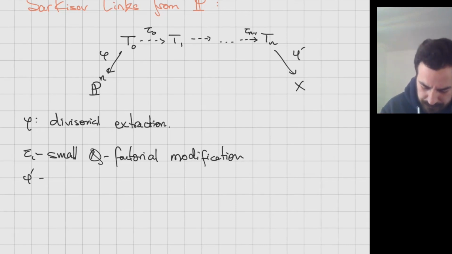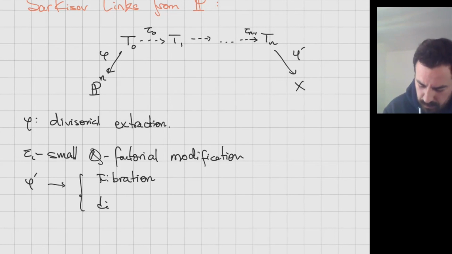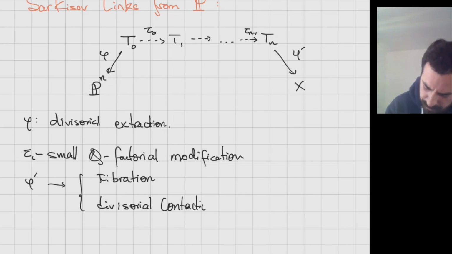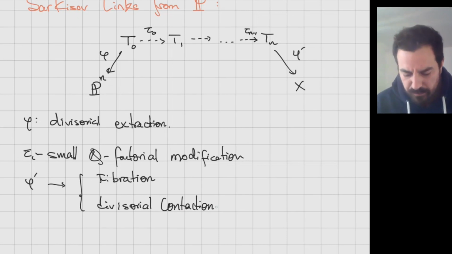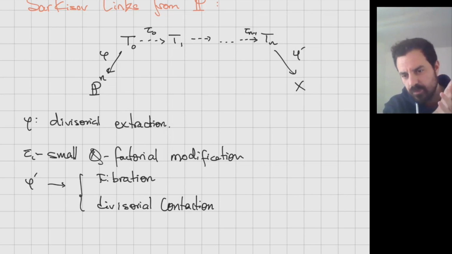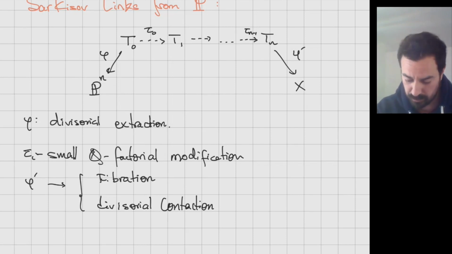And phi prime can be either a fibration, in the sense that phi prime is a Mori fiber space, or a divisorial contraction. Okay. So this is what a Sarkisov link from P4, from Pn in fact, will look like. First we start with the divisorial extraction. We do a bunch of small modifications, if any, and then either a fibration or a divisorial contraction.